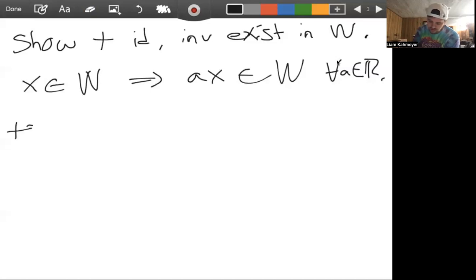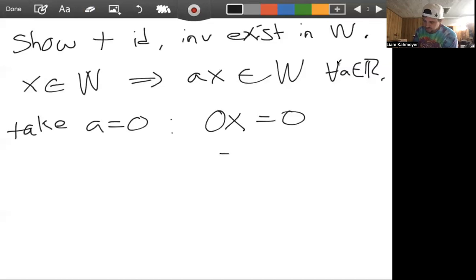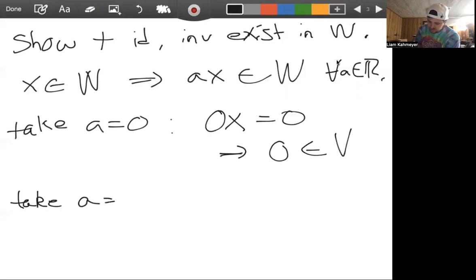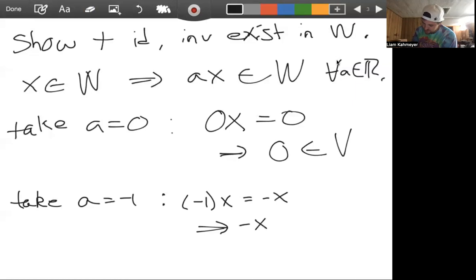Well, then take a to be 0. We've proven for an arbitrary vector space that 0x equals 0, which implies that 0 is an element of our vector space. And then we can also take a to be -1, which we've also proven that -1 times x is -x, which implies that -x is an element of W for all x in W.